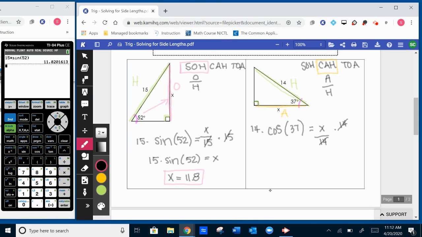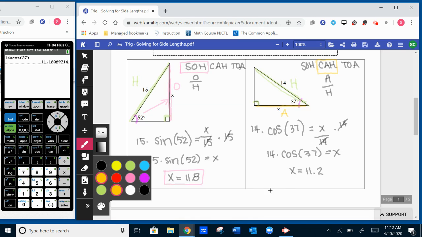So it cancels out, and now I have 14 times the cosine of 37 equals x. And then when I look at my calculator, that is 14 times cosine 37 is 11 point, we'll round it to 2. And there you have an example of solving using cosine.